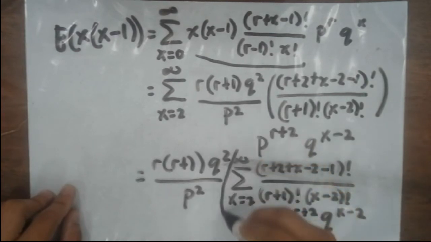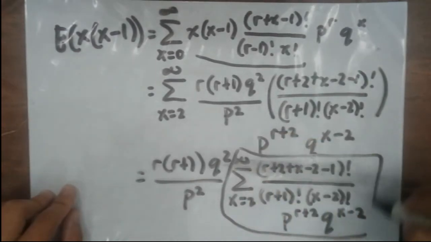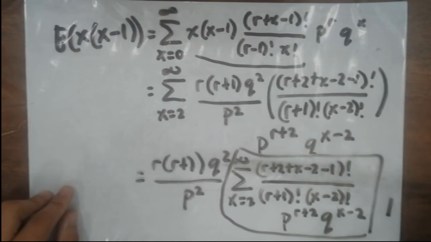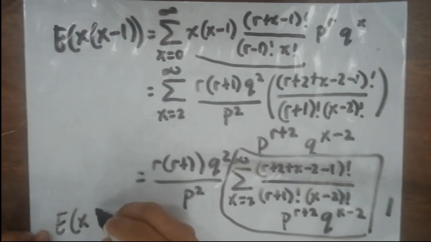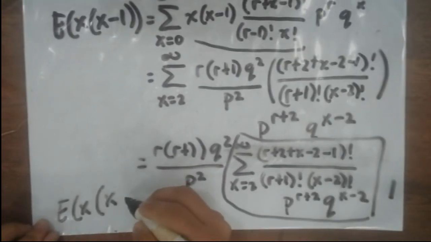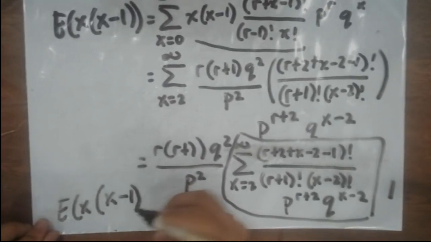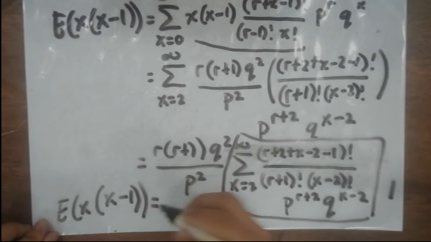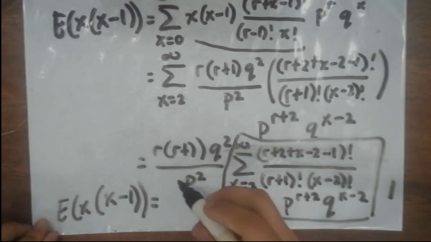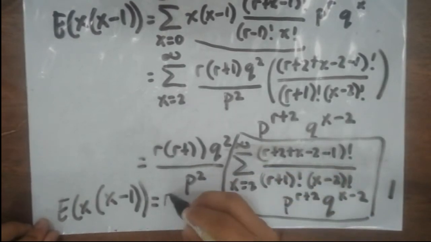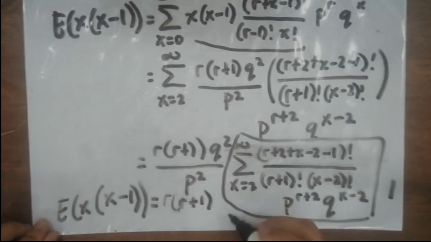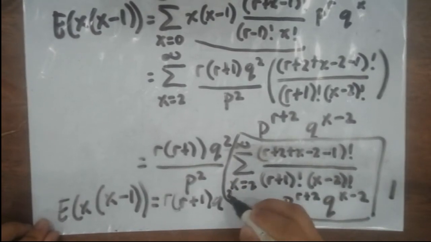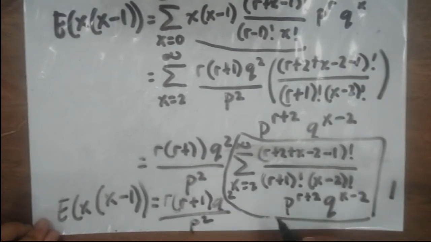But this summation is equal to 1. So the expectation of X times X minus 1 is equal to r times r plus 1, q squared over p squared.